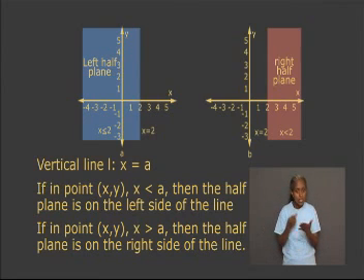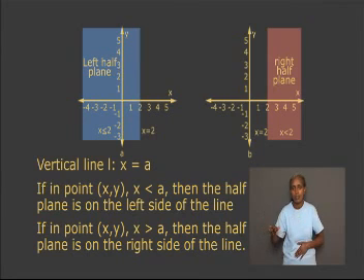This means that the graph of inequality in this example is the half-plane to the left side of the line. Alternatively, if the value of x is greater than a, the graph of inequality is the half plane on the right side of the line.